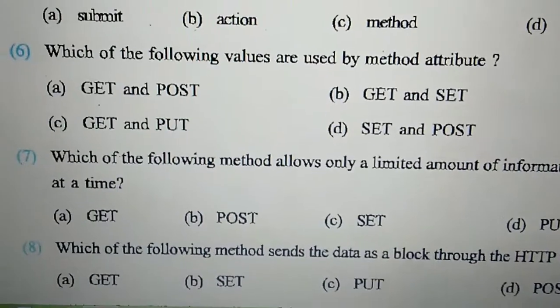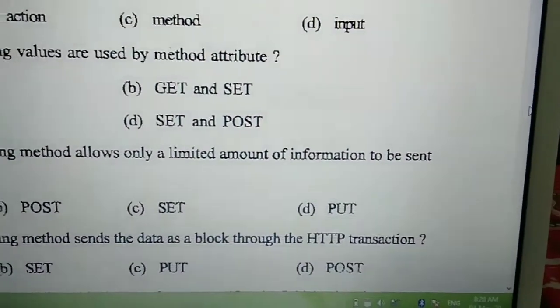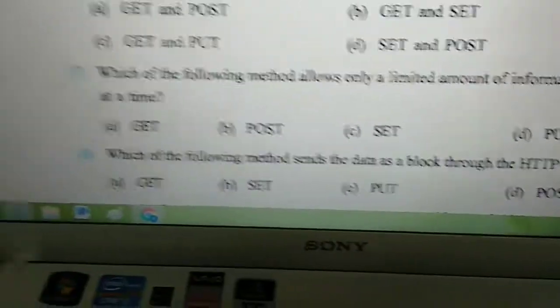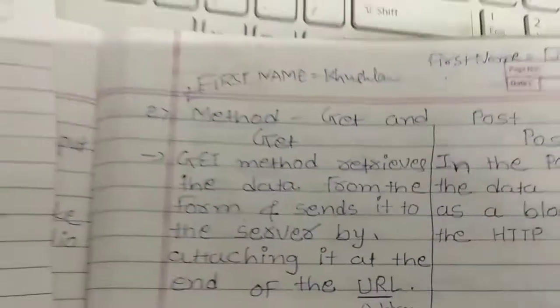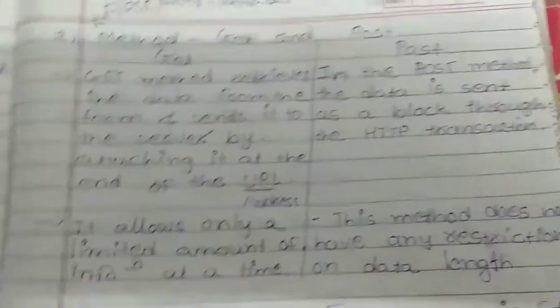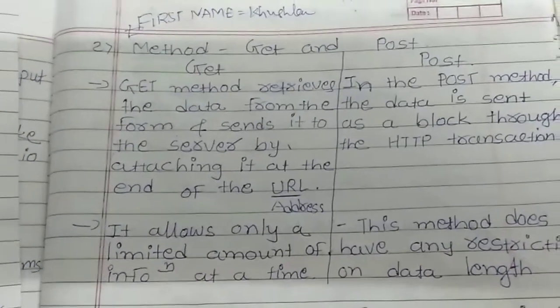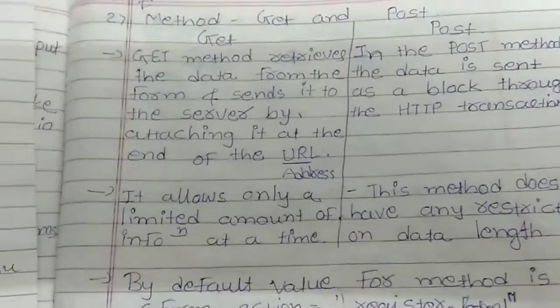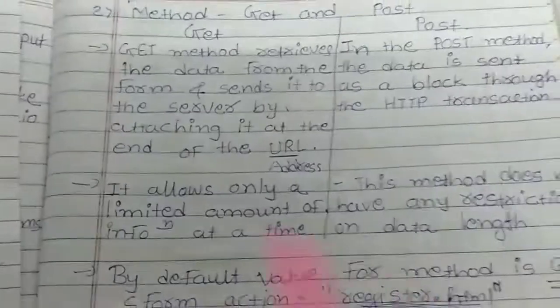Seventh, which of the following methods allows only a limited amount of information to be sent at a time? As I told you, the most important difference between get and post method: in the get method, it allows only a limited amount of information at a time.